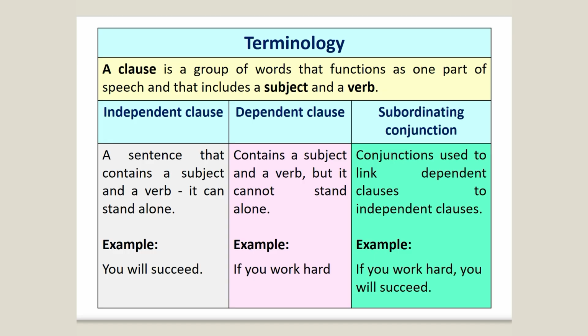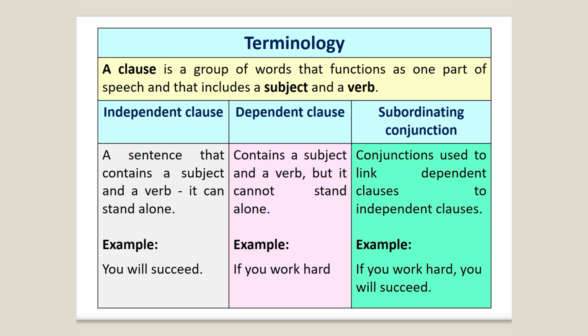Now we are coming to the next words. We talk about the different clauses. They have different types as per their integration of the different words, like the independent clause. What is the independent clause? It is a sentence that contains a subject and a verb. It can stand alone.